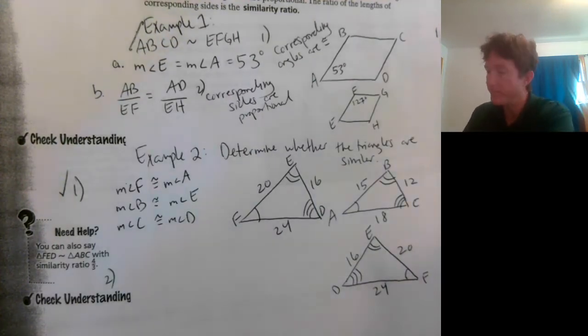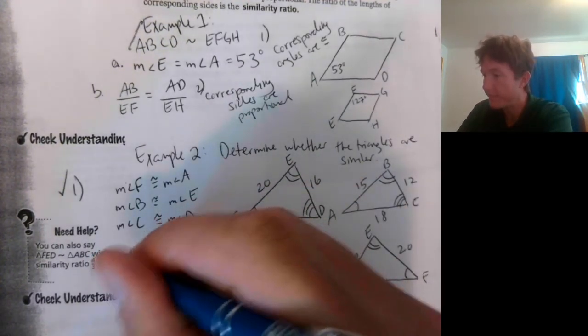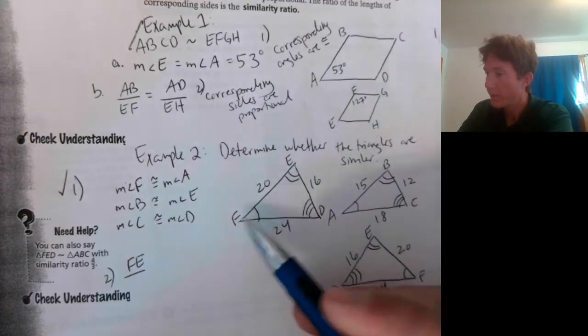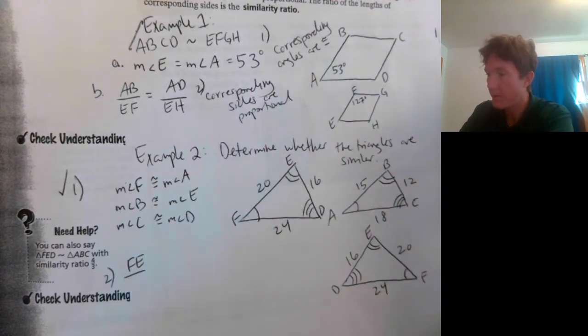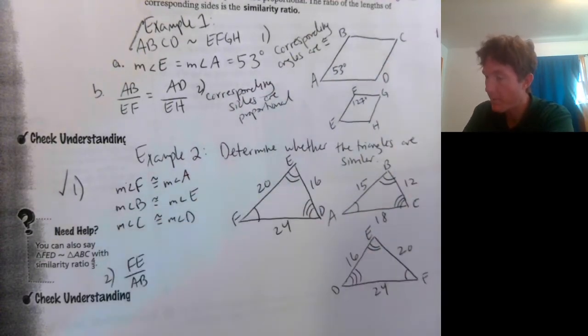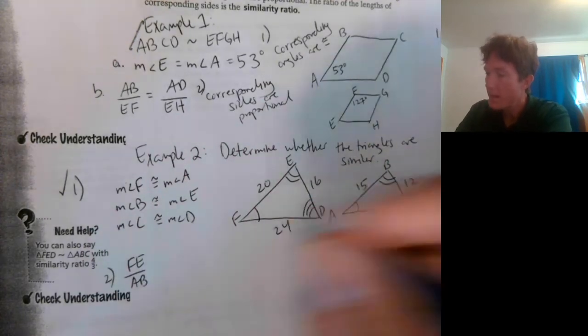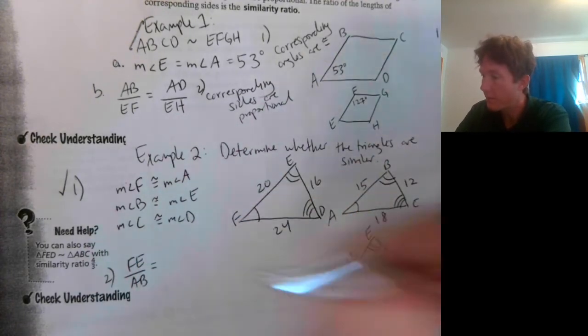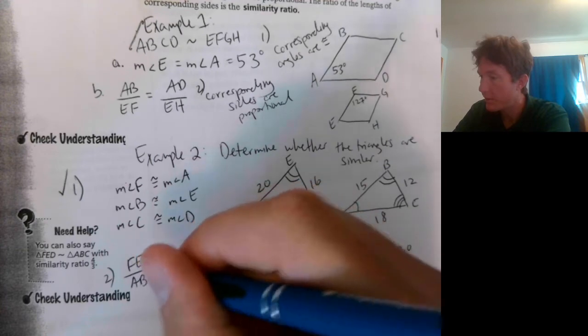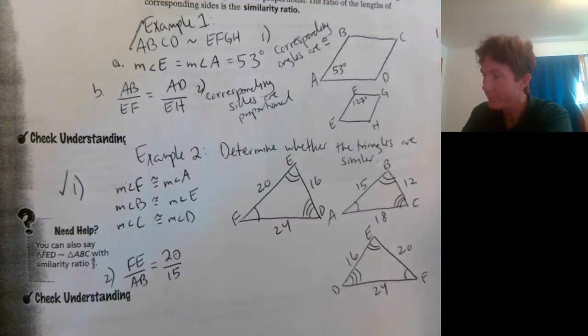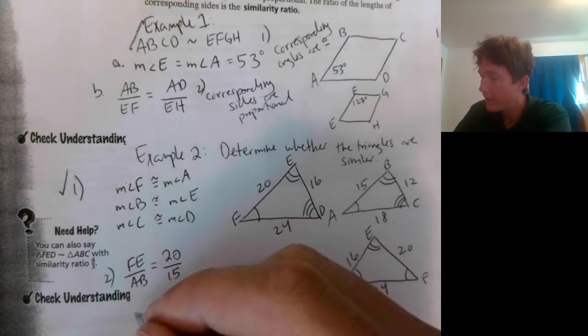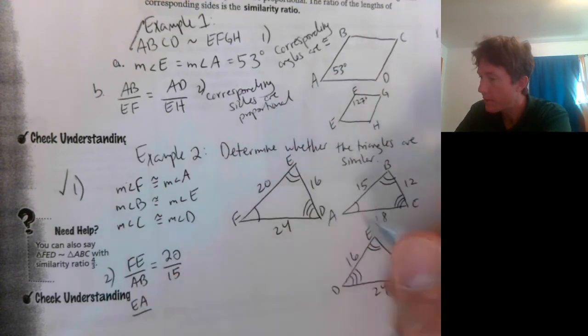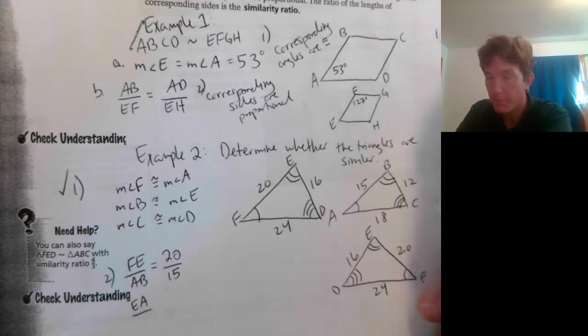So let's do FE. FE is this side. Its corresponding side would be AB. And so that's going to be 20 over 15. I'll do EA. EA is here. We'll put that over BC.